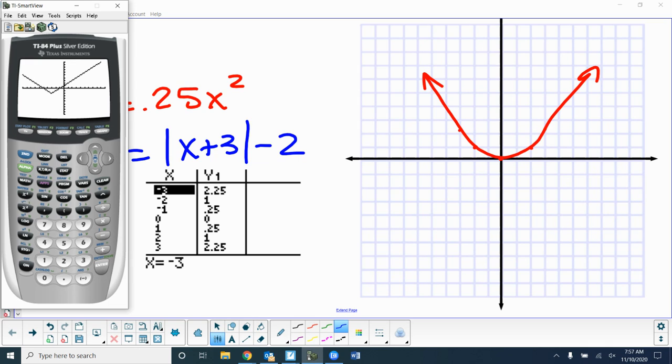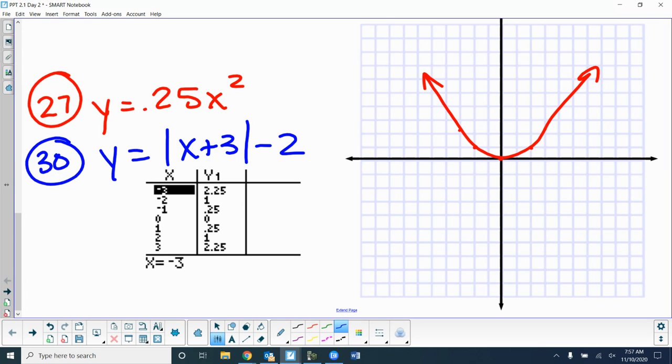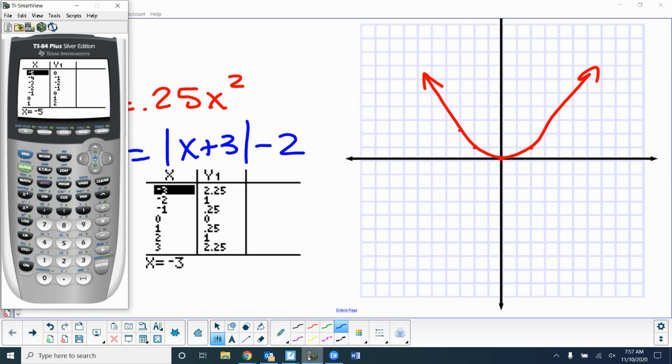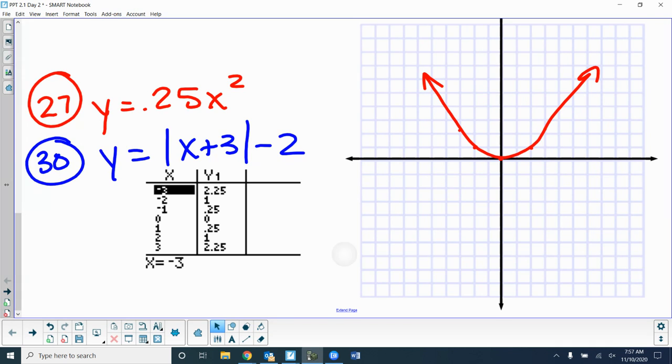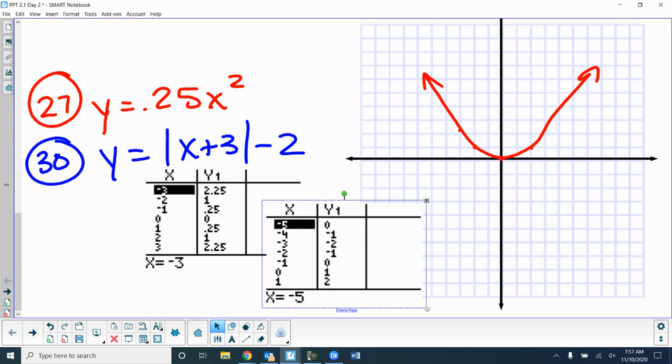Okay, so there's your V. Again, you need some values. All right. So negative 5, 0. Well, I should do this again, right? Okay, so 1, 2, 3, 4, 5. Negative 5, 0. Negative 4, negative 1.